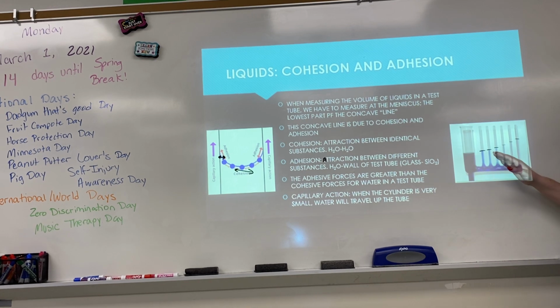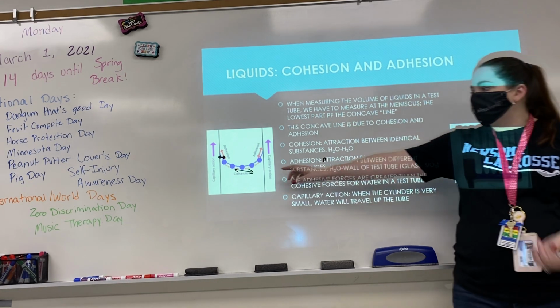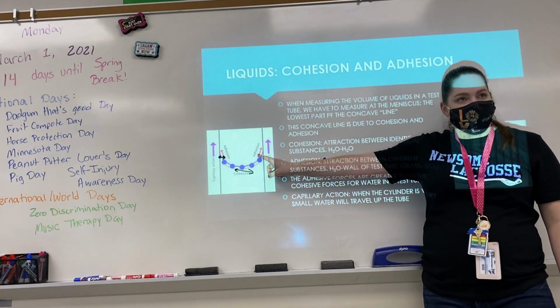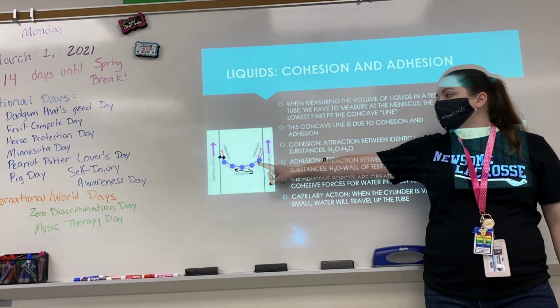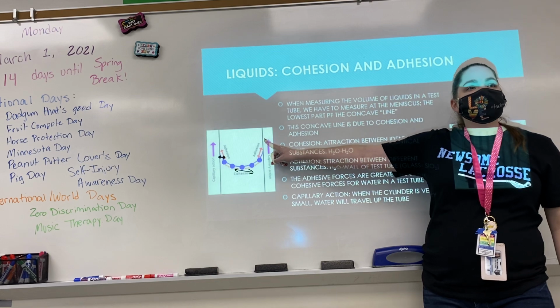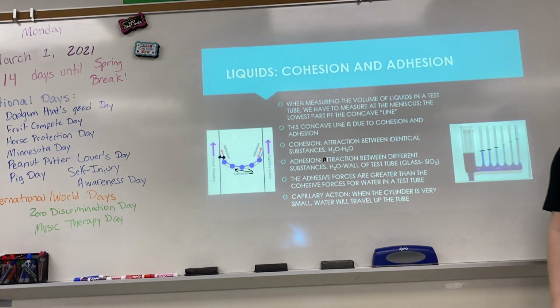The smaller you make your container or your capillary vein, the higher the attractive forces of adhesion are. The water molecules are more attracted to the walls of the container, so your water is going to literally crawl up the walls of the container.